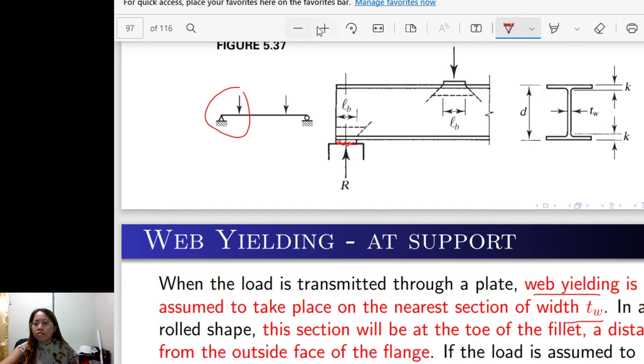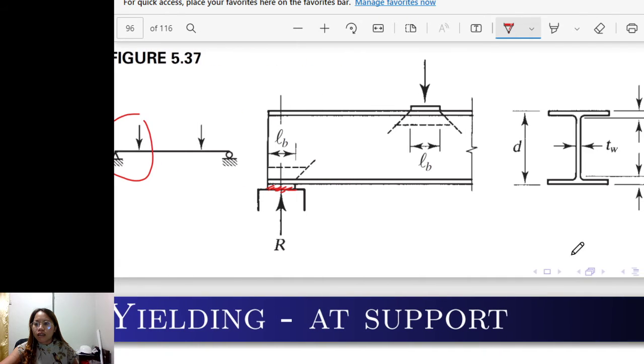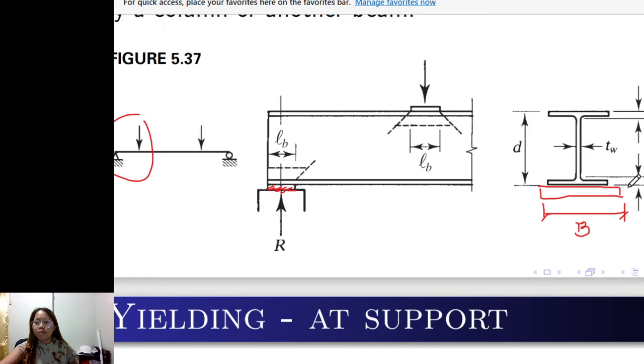So if we draw it, there is actually a plate. Sorry for the wrong thickness. This is the plate. This is actually the B, front view. Then the side, the length, that is the L sub B.